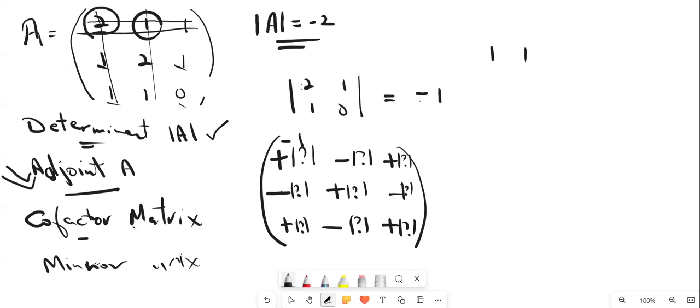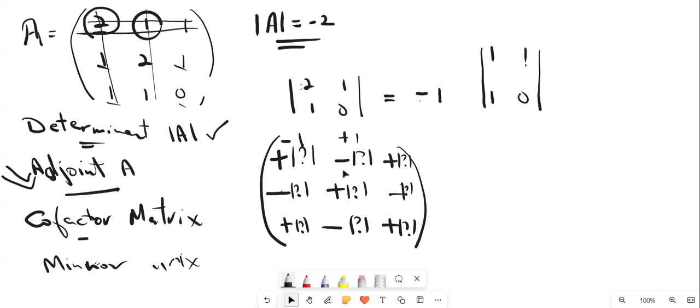We'll have to find the determinant of that, which is 1 by 0 minus 1 by 1, which is minus 1. So that minus and this minus becomes a positive 1.